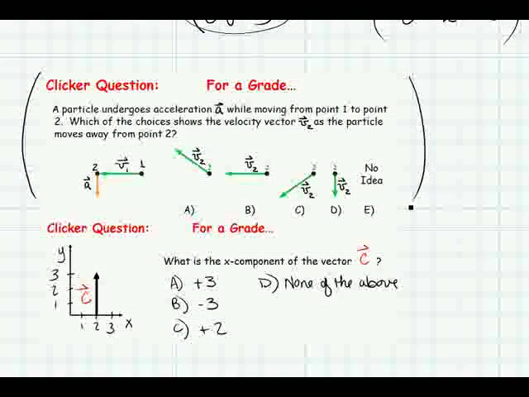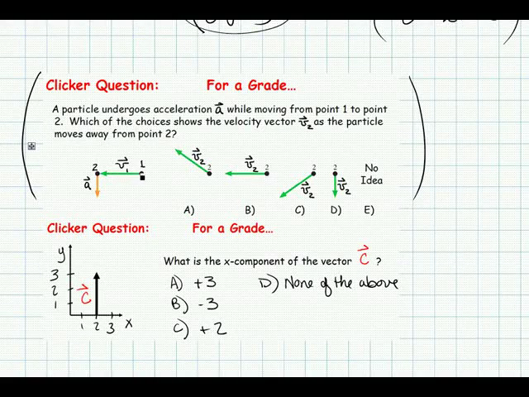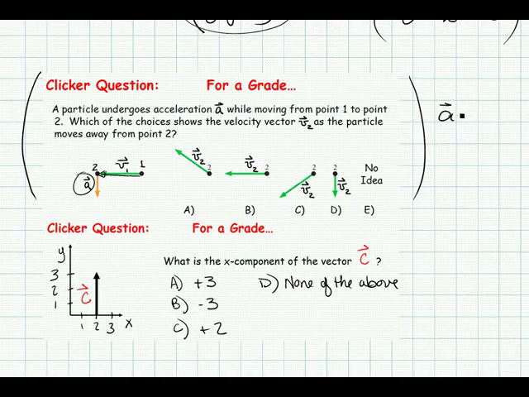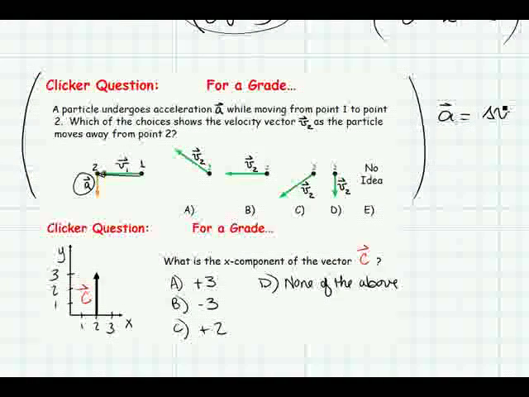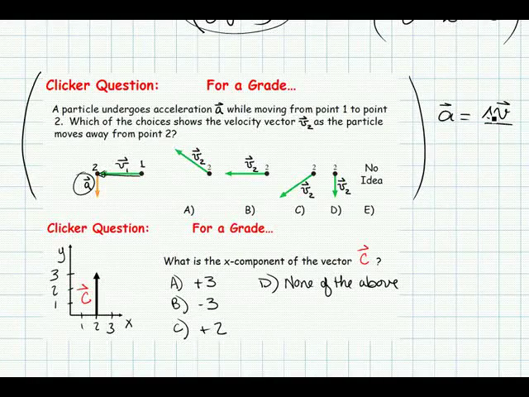Now what you need to consider here is, well, we have point 1, we have this first vector v1, and the acceleration vector a, which is shown here, we know points in the same direction as the change in velocity vector, because it's the change in velocity vector divided by delta t.